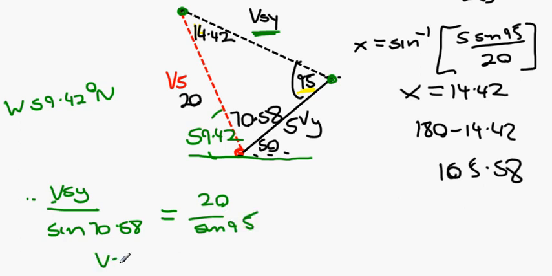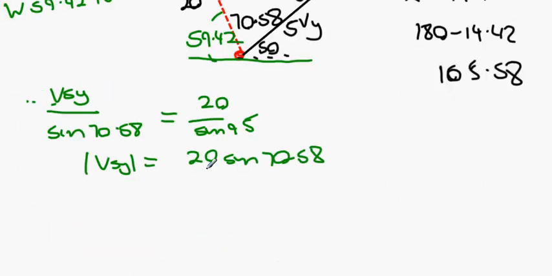So the magnitude of the relative velocity equals 20 sine 70.58 divided by sine 95.